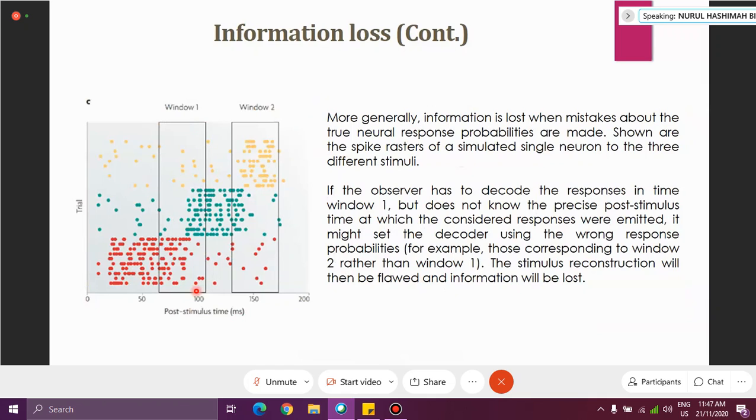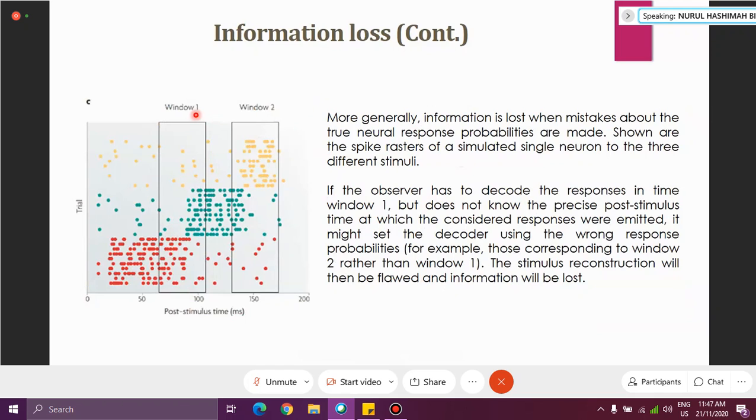The stimulus reconstruction will then be flawed, and information will be lost. So we have window 1 and we have window 2.